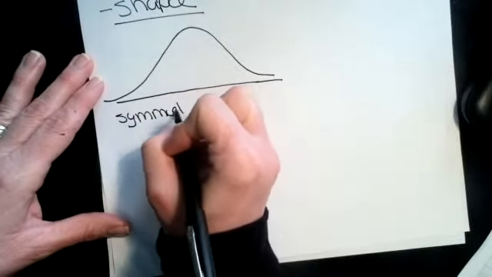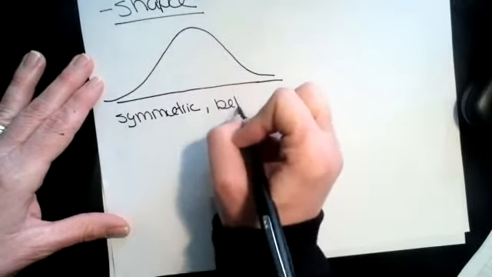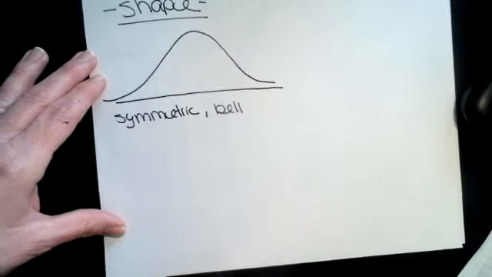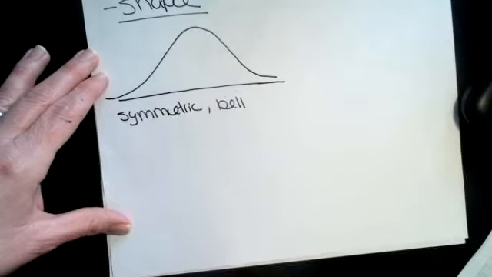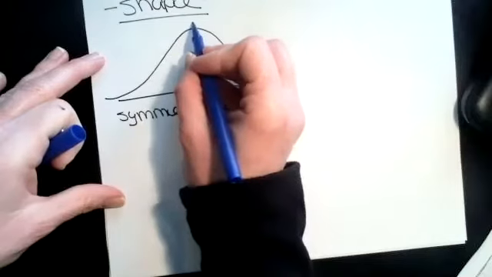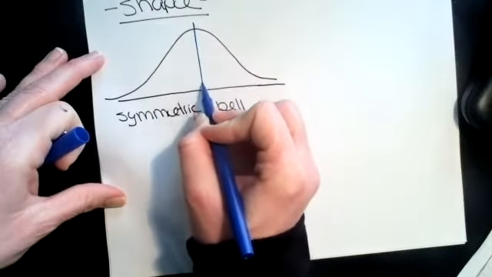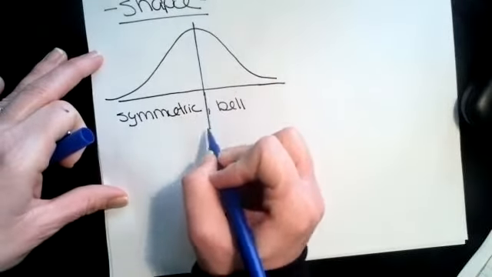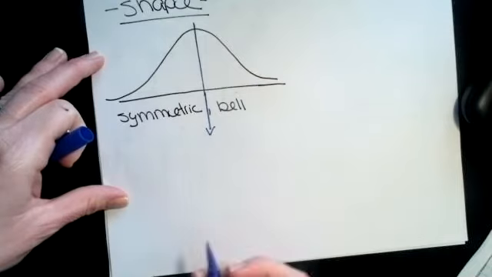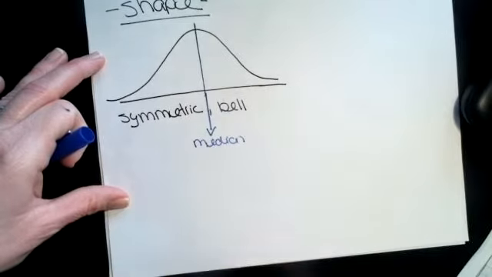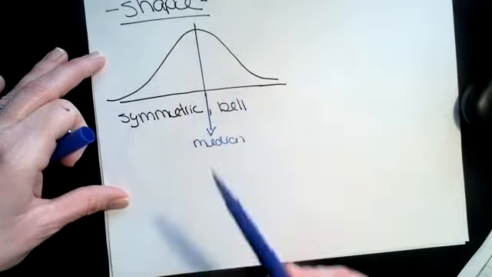So we have symmetric, which you can also call bell-shaped. When we're looking at this, I want you to know that in the middle, I would have my median, which will break my data set up into two pieces, 50% to the left and 50% to the right.